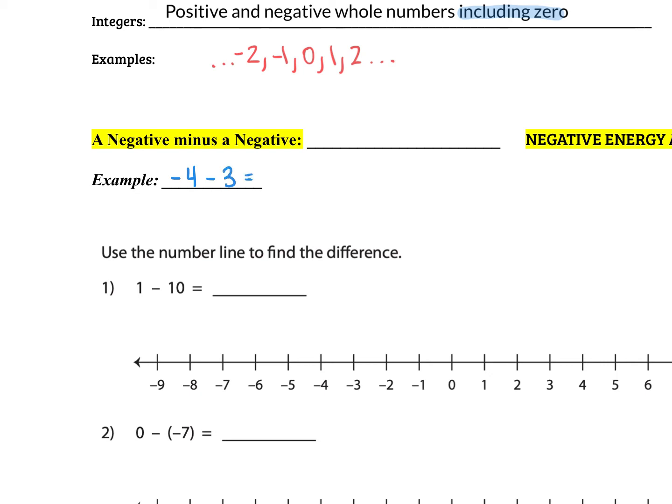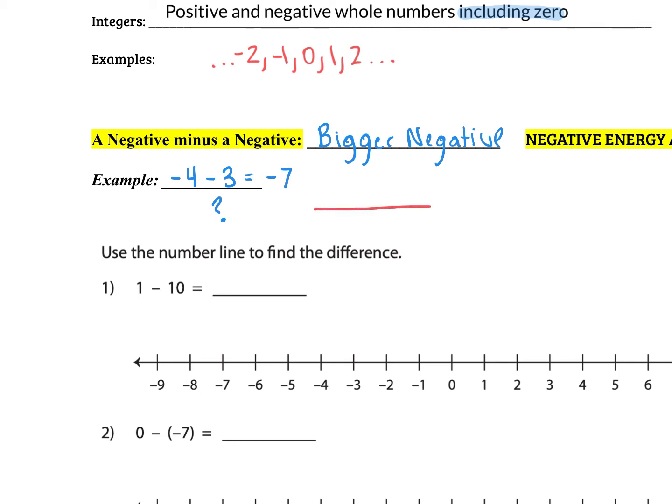A negative minus a negative is going to give us a bigger negative. And why? What is -4 minus 3? -7, right? We can add 4 plus 3 and keep the sign.